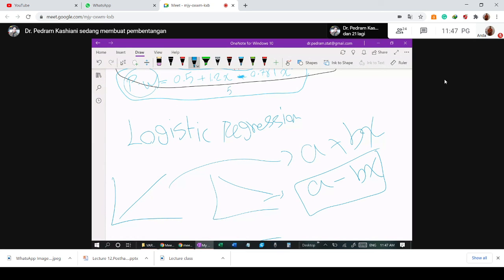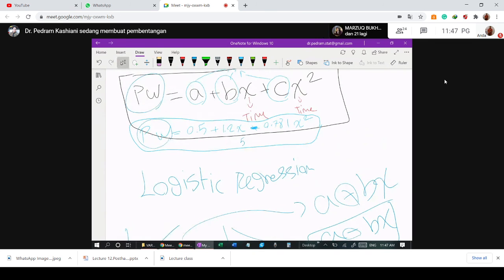This is the regression that goes up. The difference is only this sign. So you can see this became positive, this became negative, go down, go up. So I have to tell the software what I want. After the software calculates this a, b, c for me, the software also tells me how good my regression is, whether my regression is good or not.